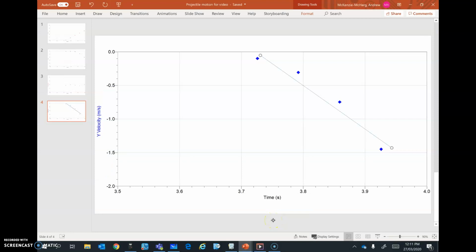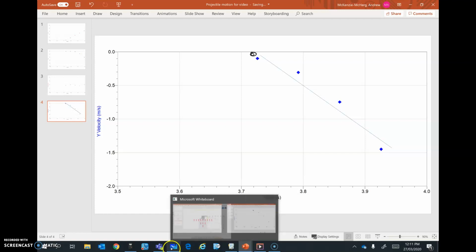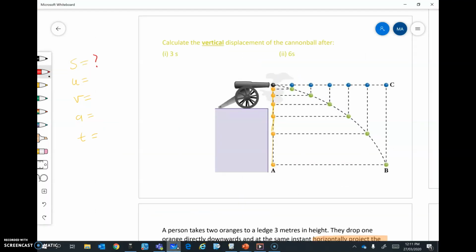Our y velocity starts up at 0 to begin with, so the vertical velocity will be starting at 0. So the initial velocity in the vertical direction is always 0. It's just like it's been dropped.